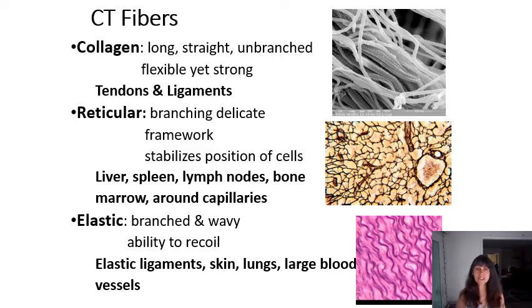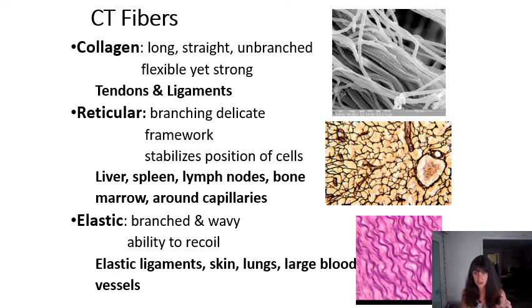We also have reticular fibers. Reticular fibers, remember the word reticular means network, and these are branched fibers that are more delicate. They produce a framework that not only helps to stabilize the positions of cells, but also provides a three-dimensional structure for organs that are not supported by a muscular wall.